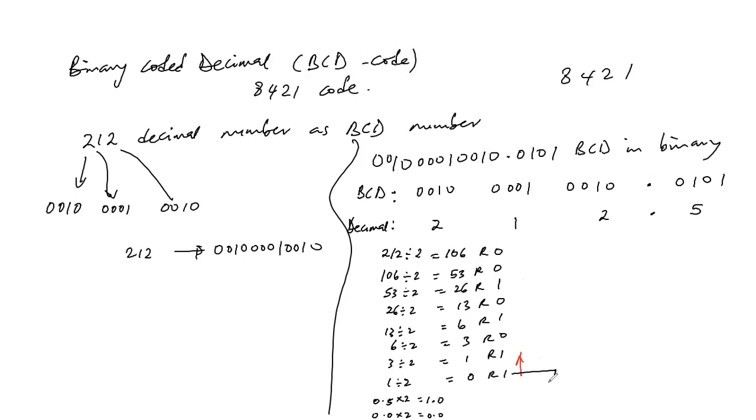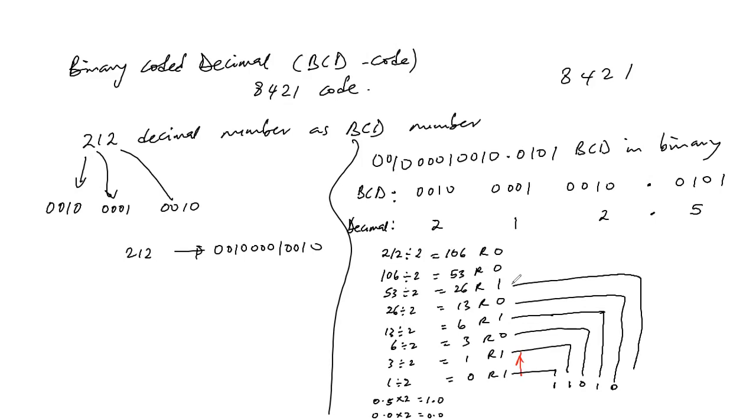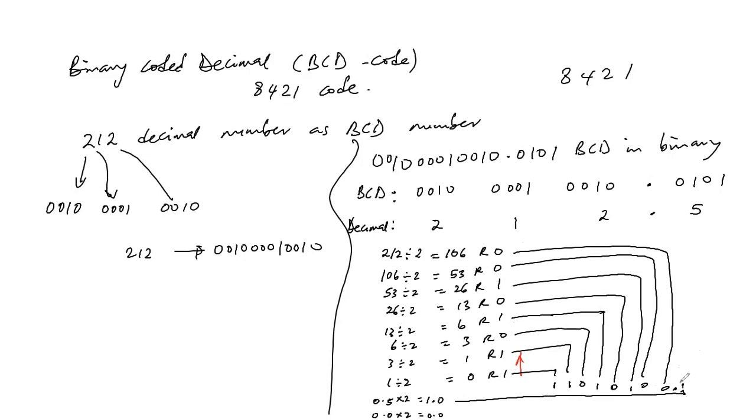Here we have 1, 0, 0, 0, 0. And this is 1. This is 2.